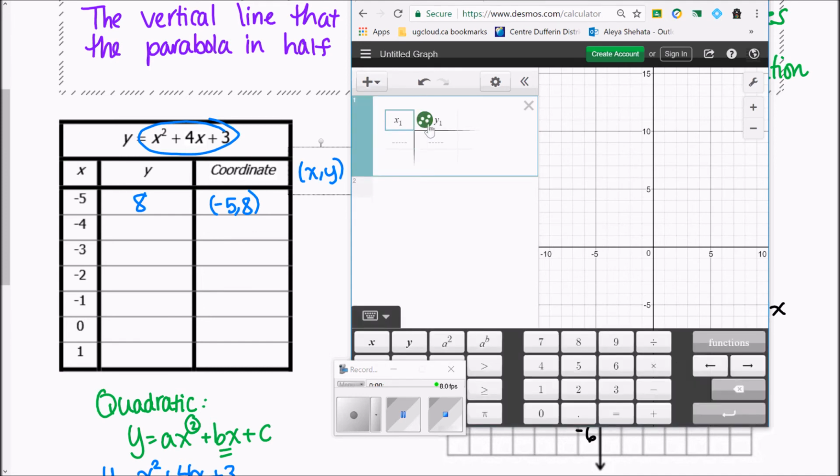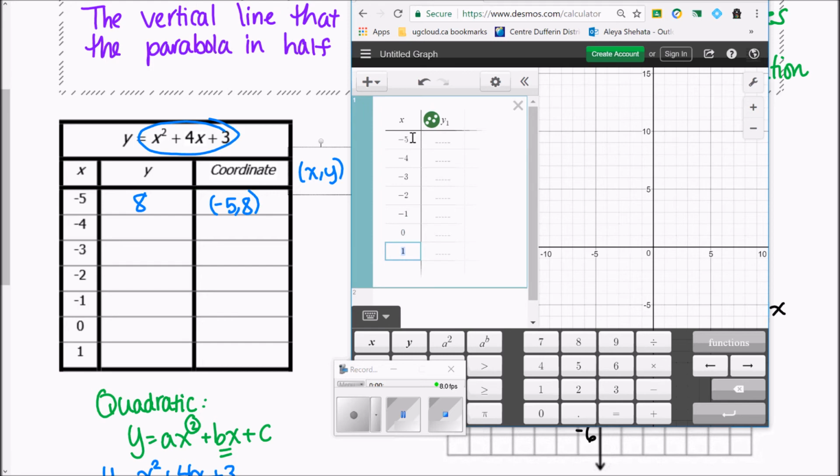And up here, I'm going to delete this x1 right here, and I'm just going to have x, okay, and I'm going to type in all of the x values that we have here. So I'm going to type in -5, -4, and then after a while Desmos picks up on the pattern, and you can just keep pressing enter until you get to the last number that we need here, which is 1.